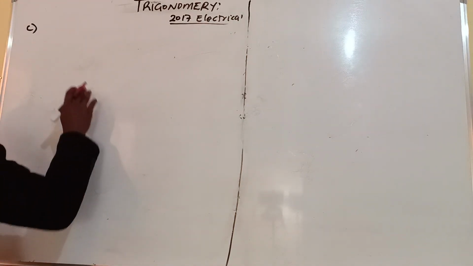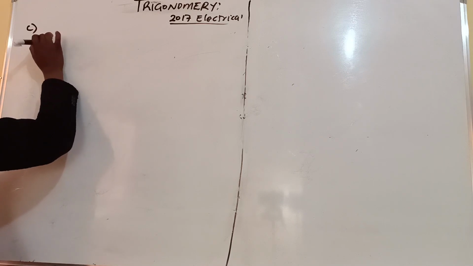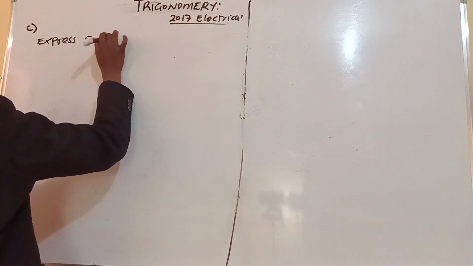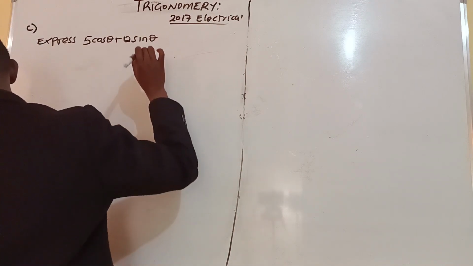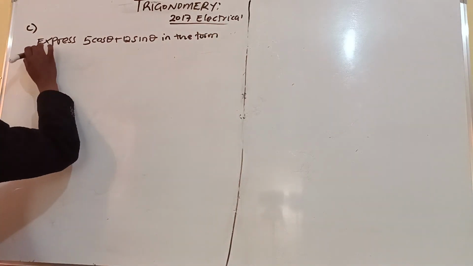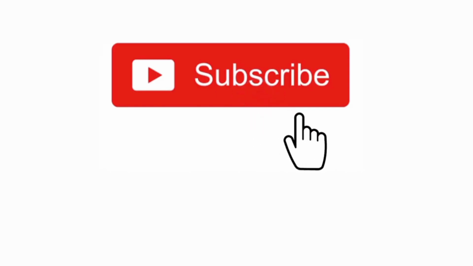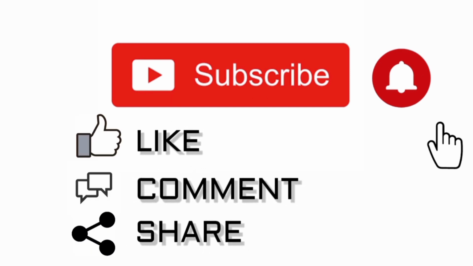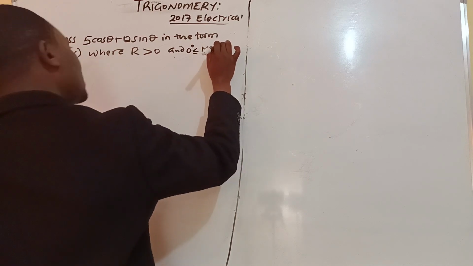Now, we are told the last question, which is C, express 5 cos theta plus 12 sin theta in the form R into bracket theta minus alpha, where R is greater than 0 and alpha lies between 0 degrees and 90 degrees.